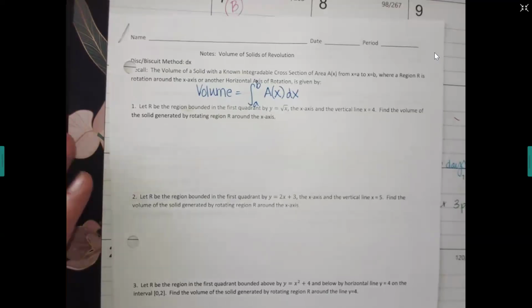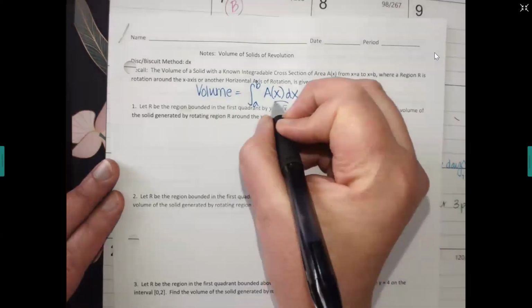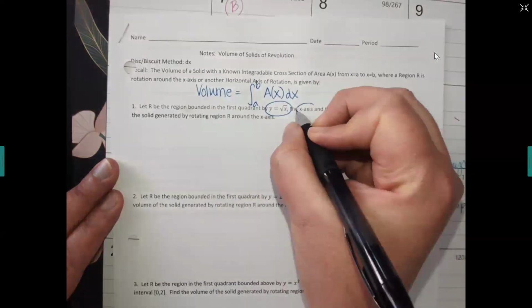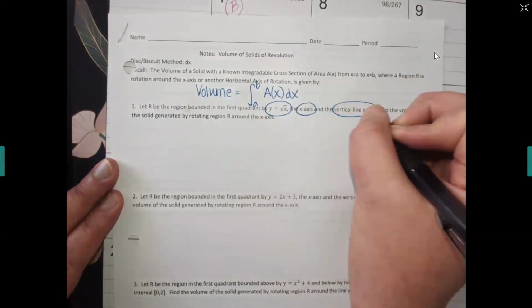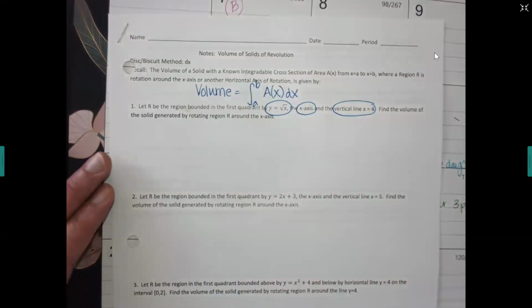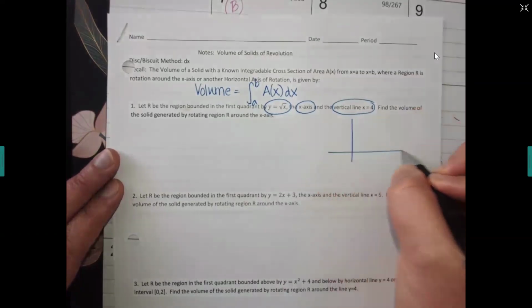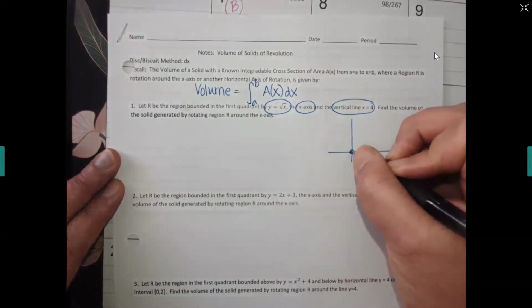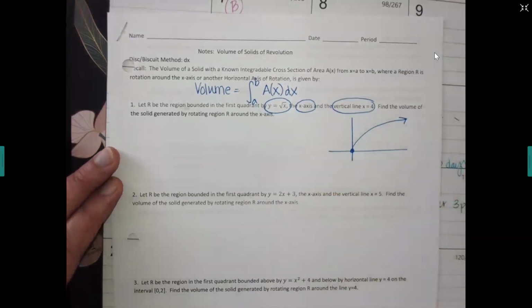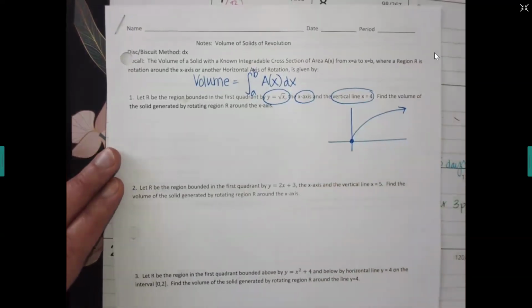I want you to sketch this region. We want the square root of x, the x-axis, and the vertical line x equals 4. So let's sketch that first. We know square root x looks like this. The x-axis is already there.